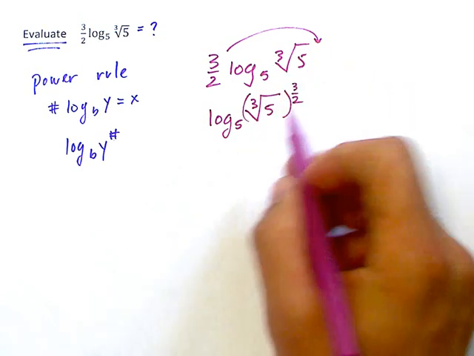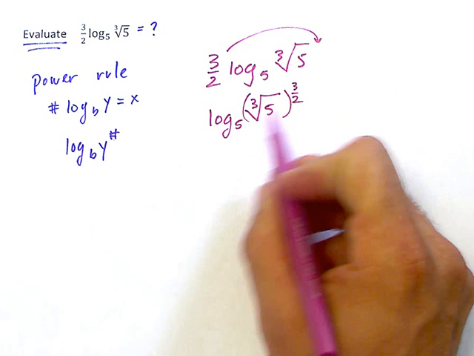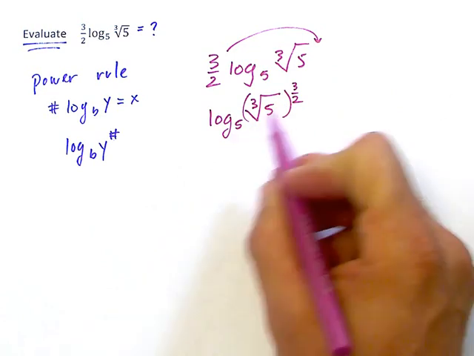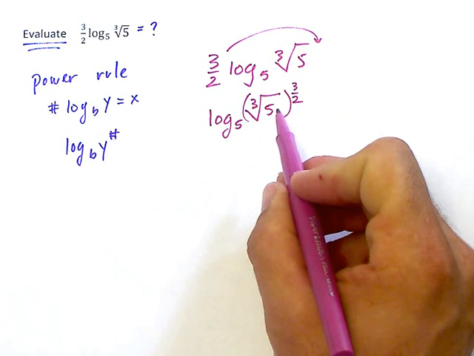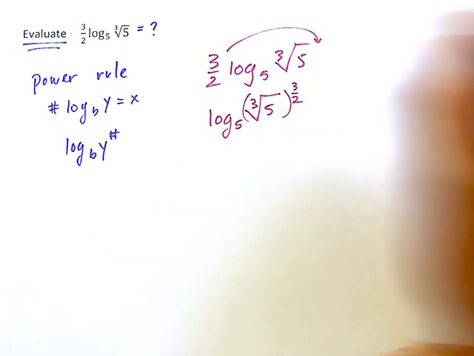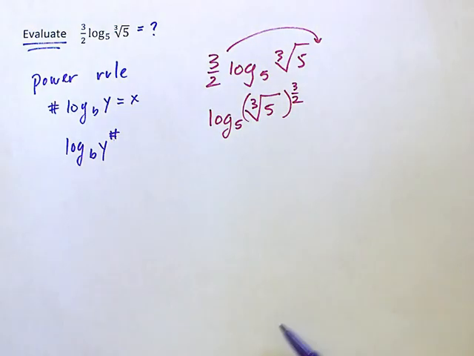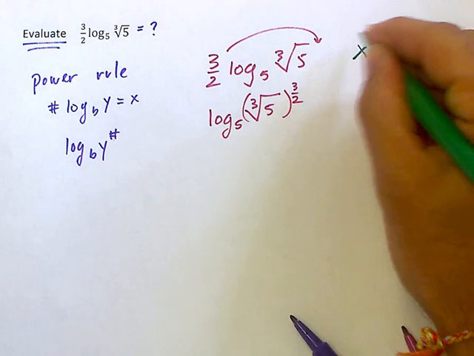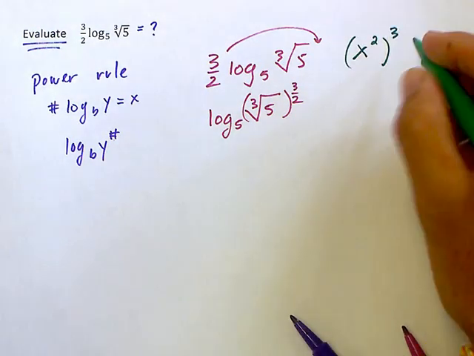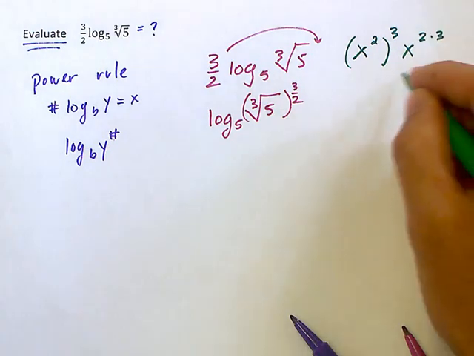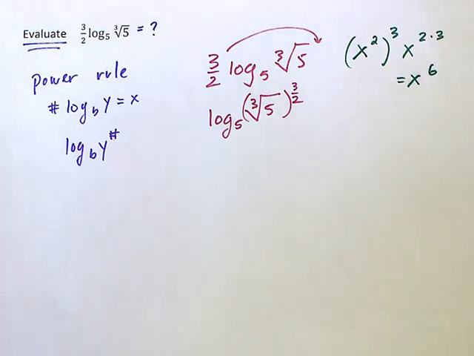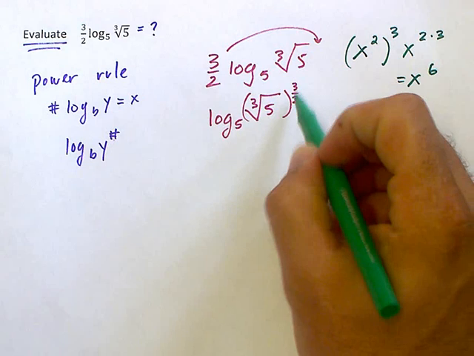Now, the next thing that's being, let's say, challenged here, I like the word challenged, is if you understand your exponential rules, meaning x to a certain power raised to a certain power means multiplying those two powers, getting x to the 6th. So here we actually want to raise this to a power.